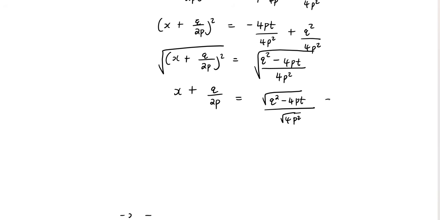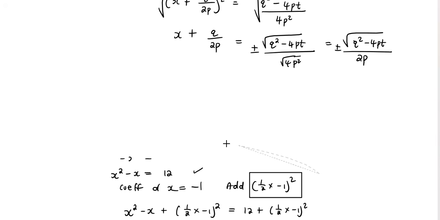Okay. Now, the upper part, we don't know what exactly that term is, so we're just going to keep the square root. Remember, this must say plus or minus, right? So this is plus or minus here. The square root of q squared minus 4pt, divided by, if I take the square root of 4p squared, all these numbers inside the square root are perfect squares, so I'll have 2p, right?